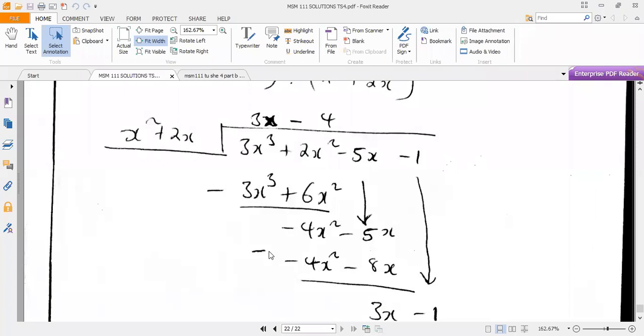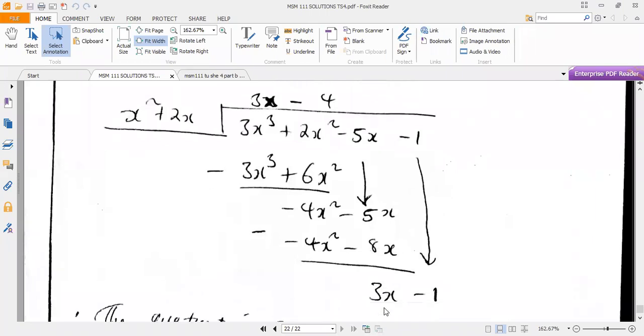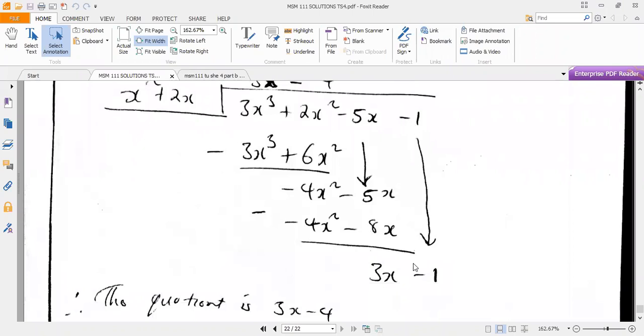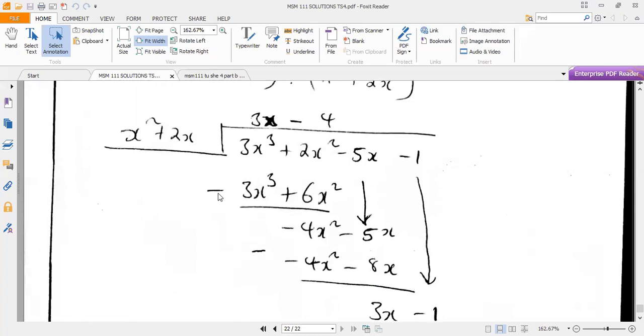Now negative and negative is positive. So it's negative 5x plus 8x, which gives us positive 3x, isn't it? The negative 1 will come down. You have 3x minus 1. Here the power for this guy is 1, but for the one we're dividing, the power is 2. So it means we can't go further with the division.